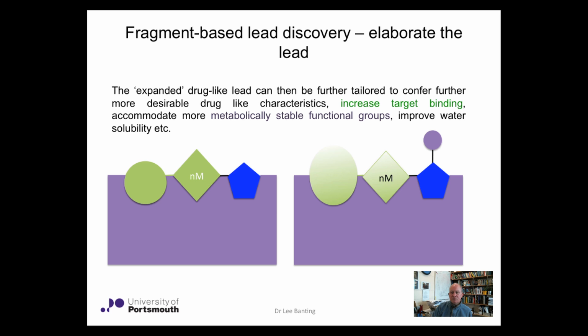We may have to improve the water solubility of the compound, because often fragments can be binding to hydrophobic pockets within a target structure, and may well need to be tweaked to accommodate some water solubility issues. We also want to address any metabolic instability in that lead, and those sorts of screens for metabolic instability are done during the lead development.